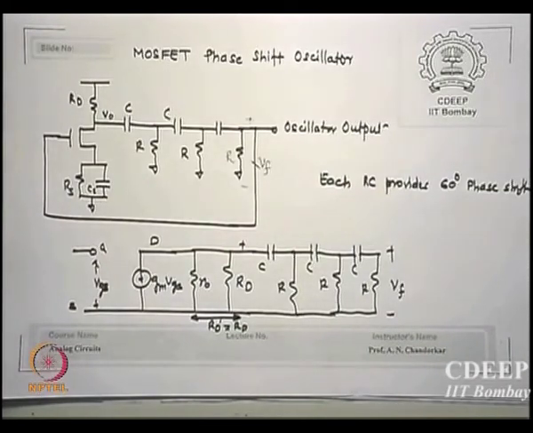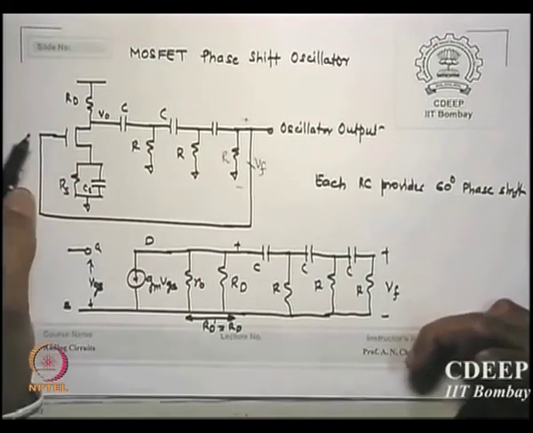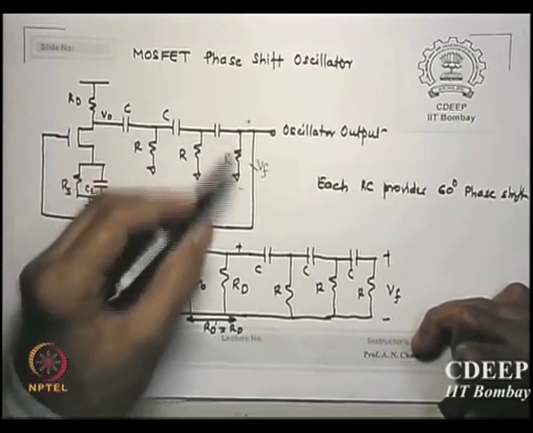Is that correct? So 3 of them will give how much? 180-degree phase shift. The other 180 will come from the transistor. So the total feedback will be 360 degrees, in phase. If the return is in phase, oscillation builds, and that's what the circuit is about.